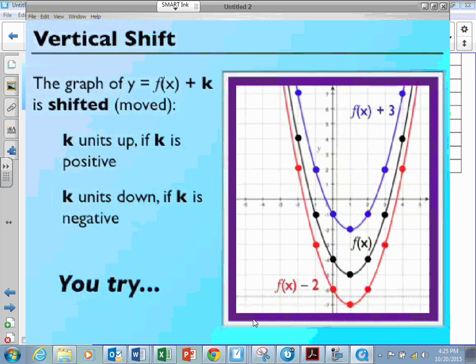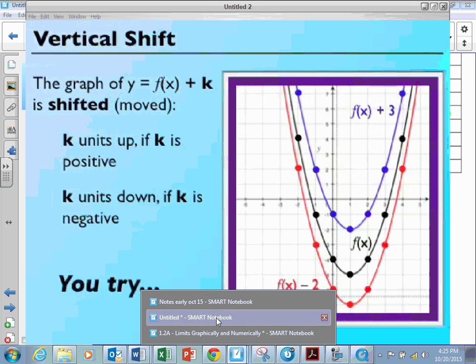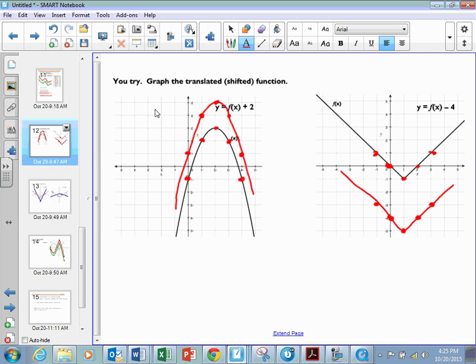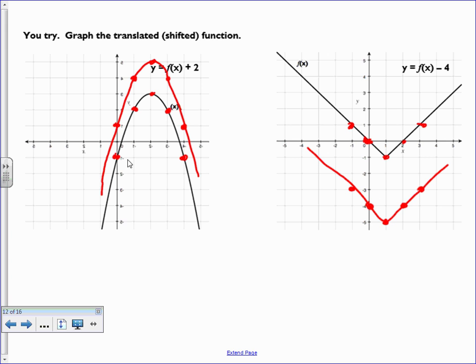All right, here we go. Let's talk through the answers of the U-try section. Now, notice what I did. I'll make this full screen for you. I went and found some points on my original function, the function that was given to me. I guess this is the one with the graph that's backwards, but I could still find some points on the coordinate grid.